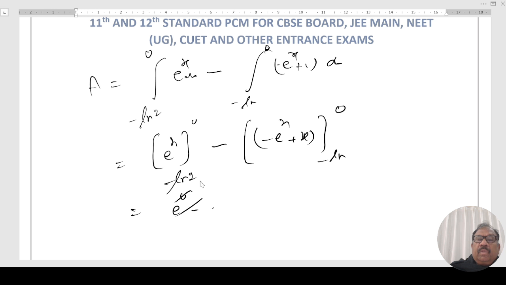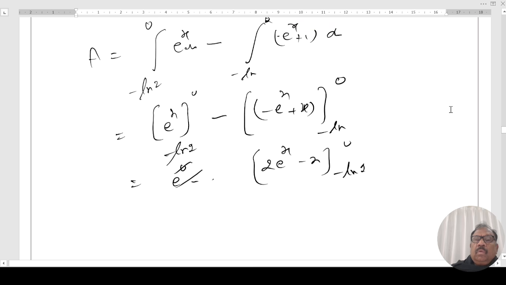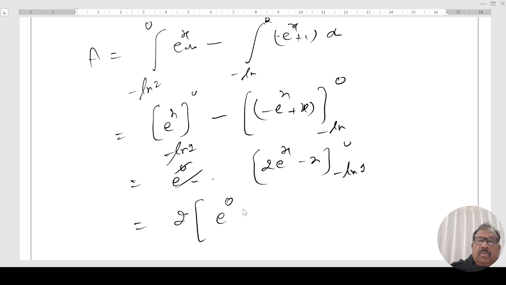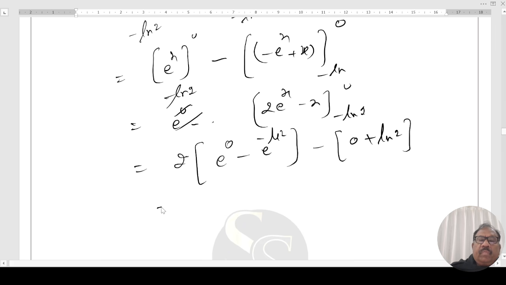Simplify this. Limit is same, so minus minus becomes plus. Twice e to the power x, minus x, from minus ln 2 to 0. This comes out to be twice, common, e to the power 0 minus e to the power minus ln 2, minus 0 minus minus plus ln 2 on simplification.